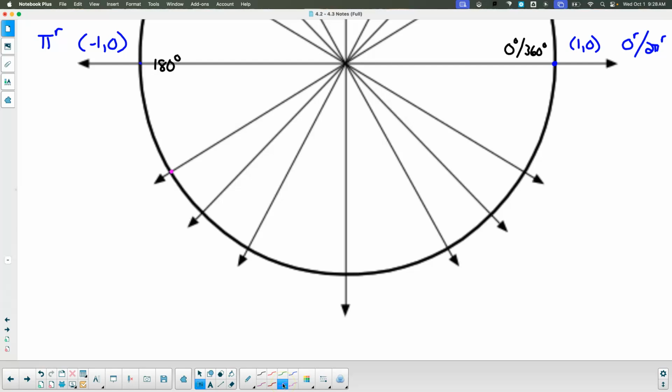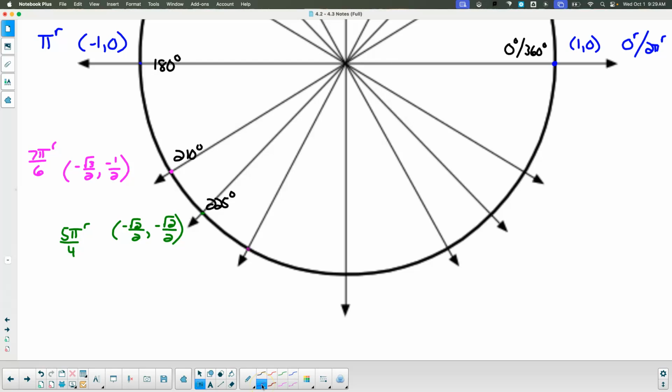Then the next one would be -√3 over 2, -1/2, and that's going to be 7 pi over 6, or 210 degrees. Next one is going to be -√2 over 2, comma, -√2 over 2, or 5 pi over 4 radians, or 225 degrees.